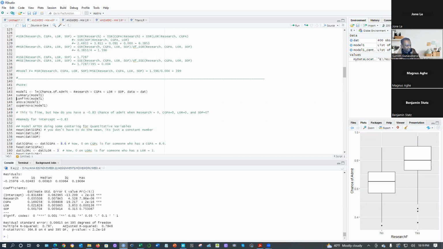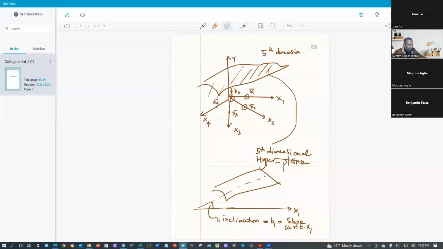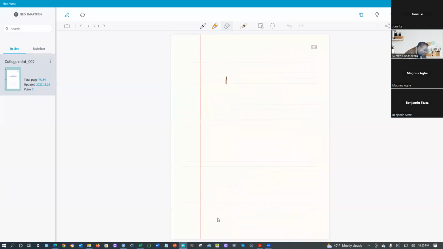Before I move to that one, let's say that your BI, I can go from 0, 1, 2, 3, and 4. And N equals sample size. Let's look at this one a little bit. I can say K, number of regressors.